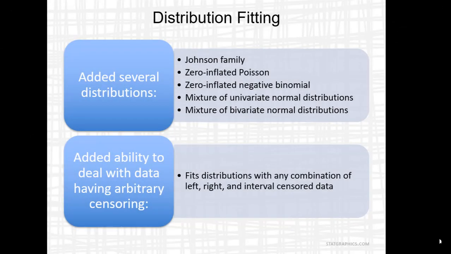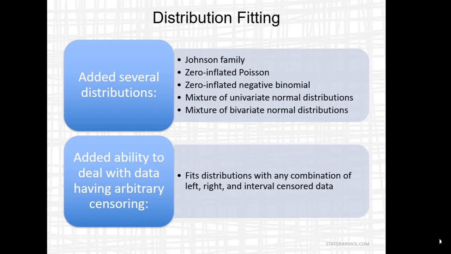Now let's turn to some of the procedural enhancements. One of the areas in which Statgraphics has always been very strong is in fitting distributions to data. Statgraphics version 18 offered 45 different probability distributions, which could be fit to data or used to generate random numbers.